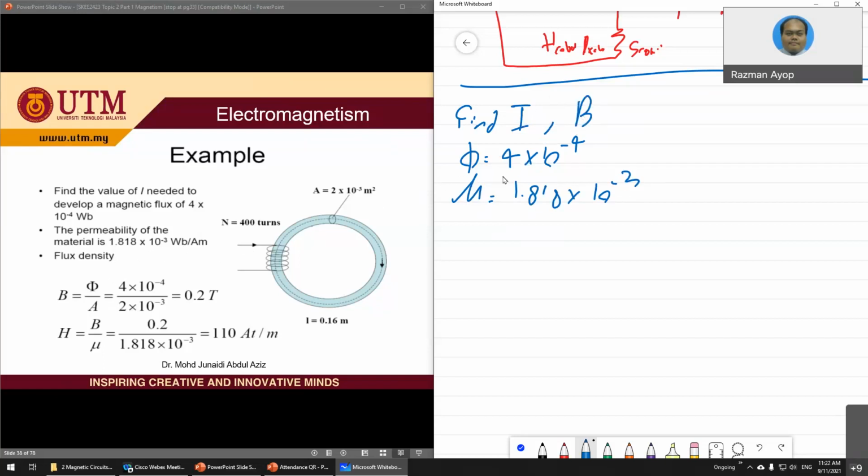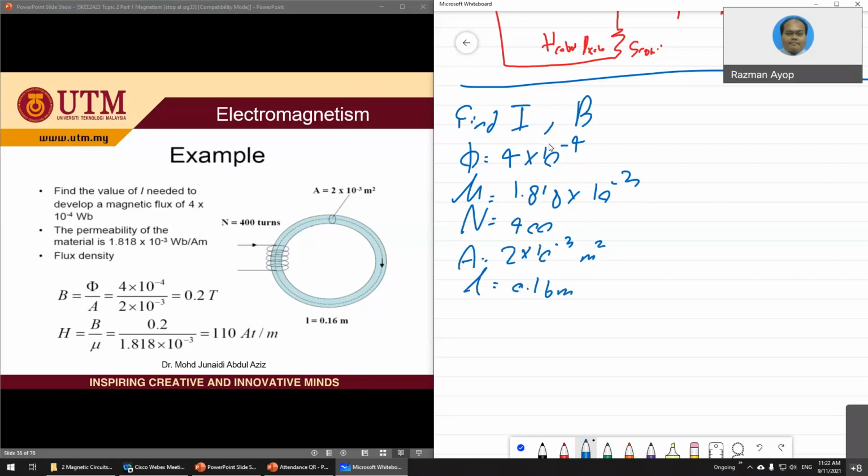Also the information here: N is equal to 400. The area is 2 multiplied by 10 negative 3 meters squared, and the length is 0.16 meter.